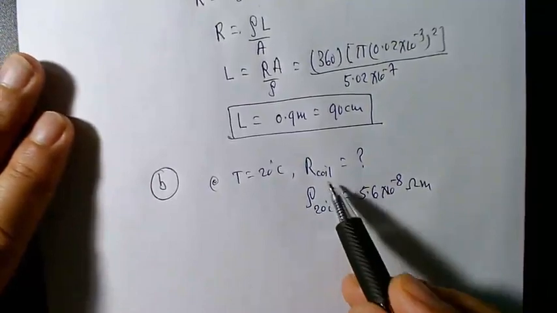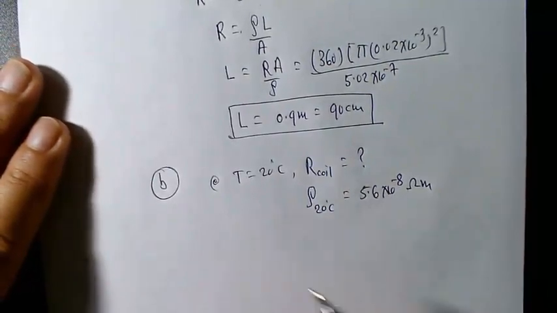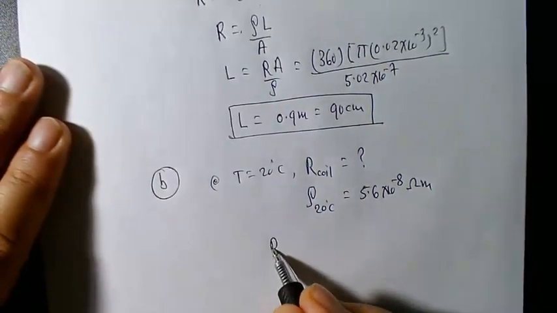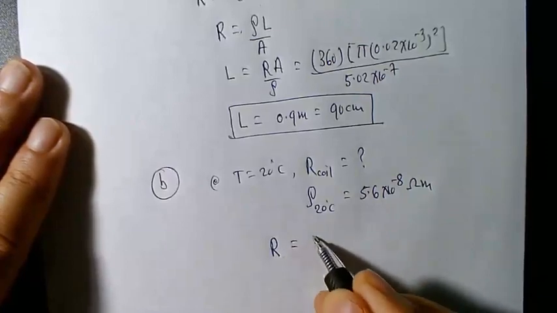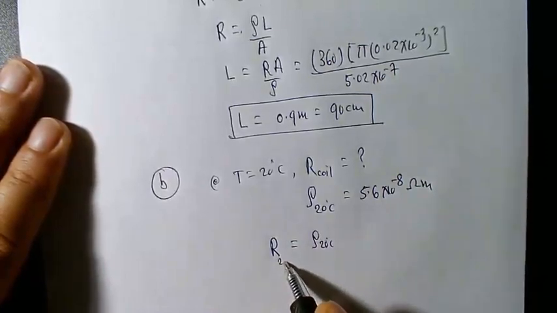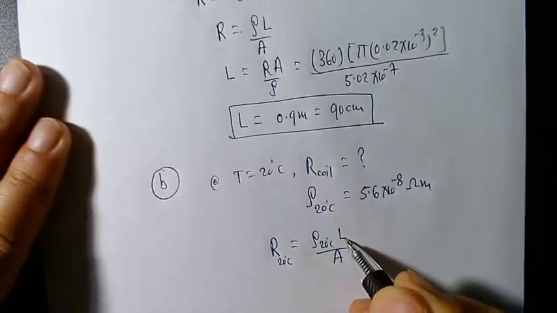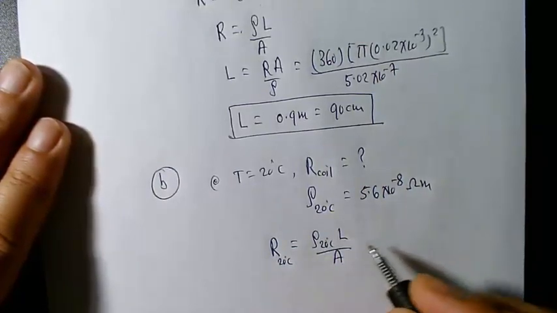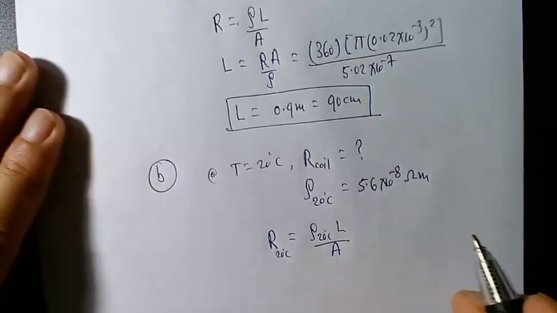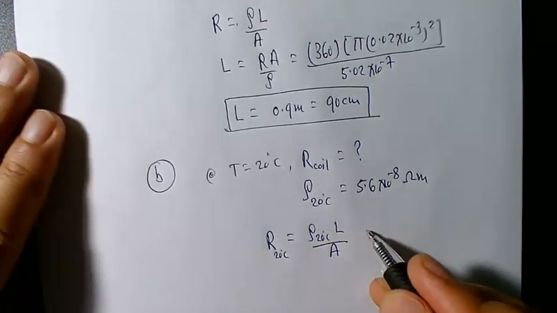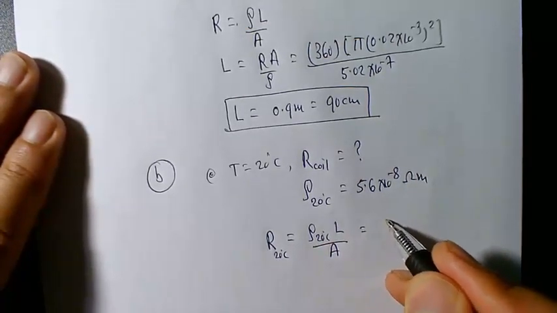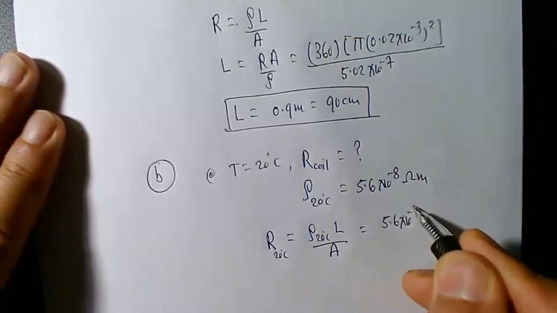Then it's asking what's the new resistance, and we just use the same formula. R at 20 degrees Celsius is rho at 20 degrees Celsius times L over A. Length is the same, area of cross section is the same, right? They don't change actually, so we ignore the expansion. So 5.6 times 10 to the power negative 8.